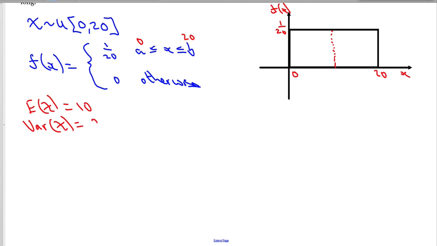So I get 20 squared over 12, which is 400 over 12, and that's 33 and 1/3.